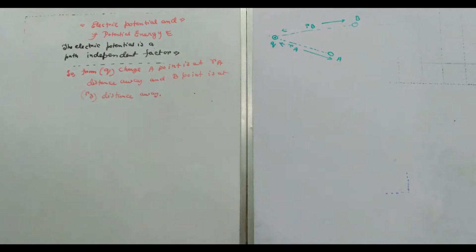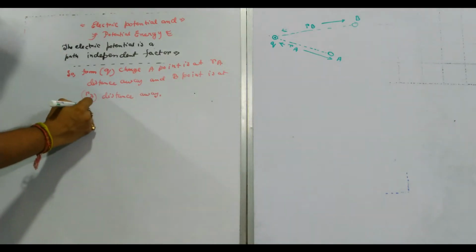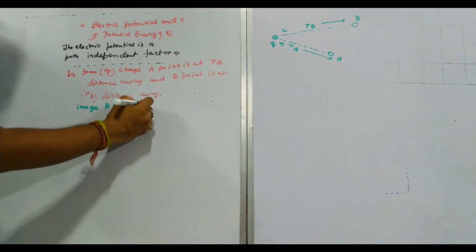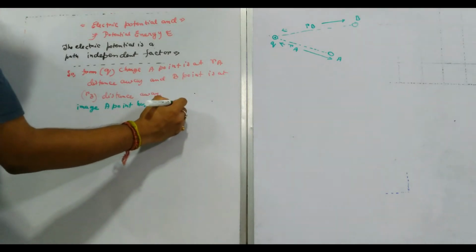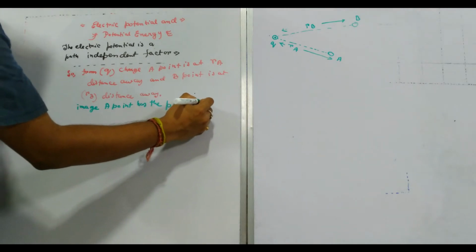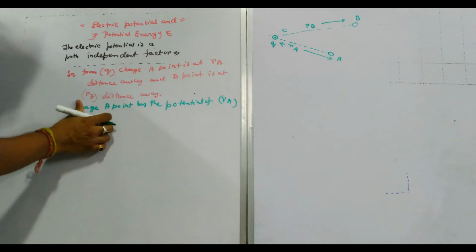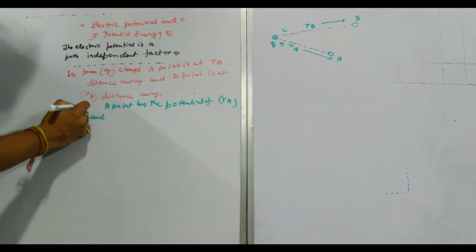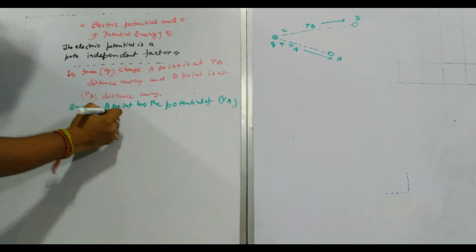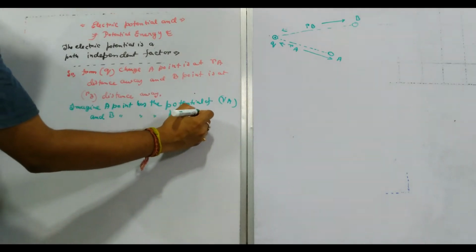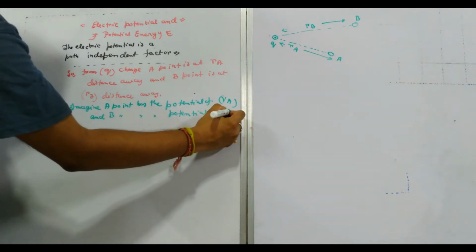Clear? Now we are thinking of different potentials at A and B. Imagine the A point has the potential VA and the B point has the potential VB.